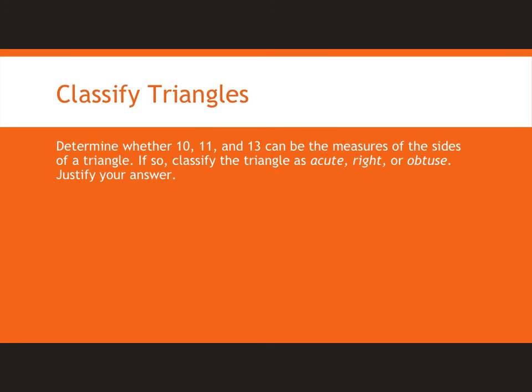And then our last slide says determine whether 10, 11, and 13 can be the measures of the sides of a triangle. If so, classify the triangle as acute, right, or obtuse. Justify your answer. So 10 is A, 11 is B, 13 is C. So I'm going to do 10 squared plus 11 squared is equal to 13 squared.